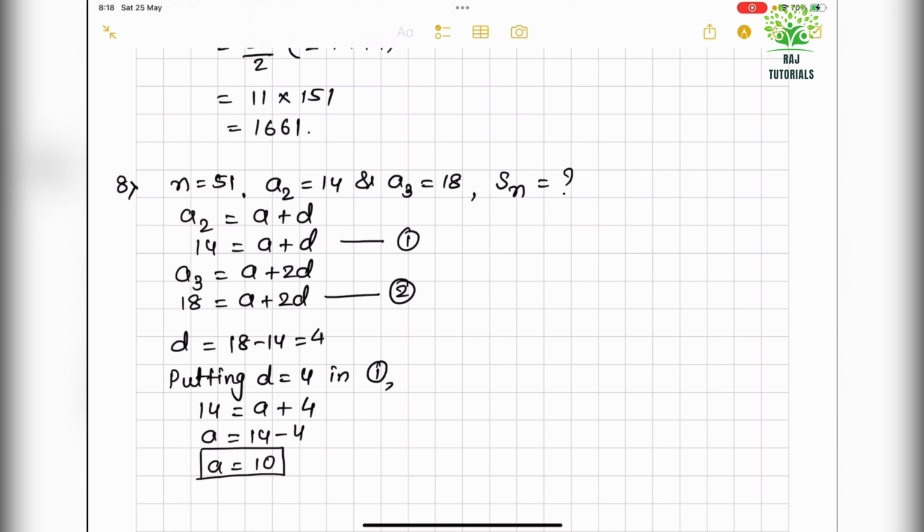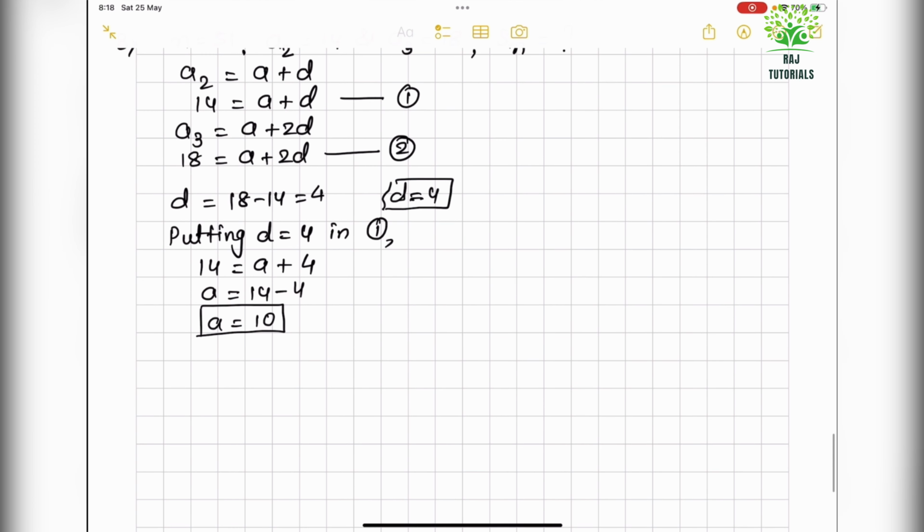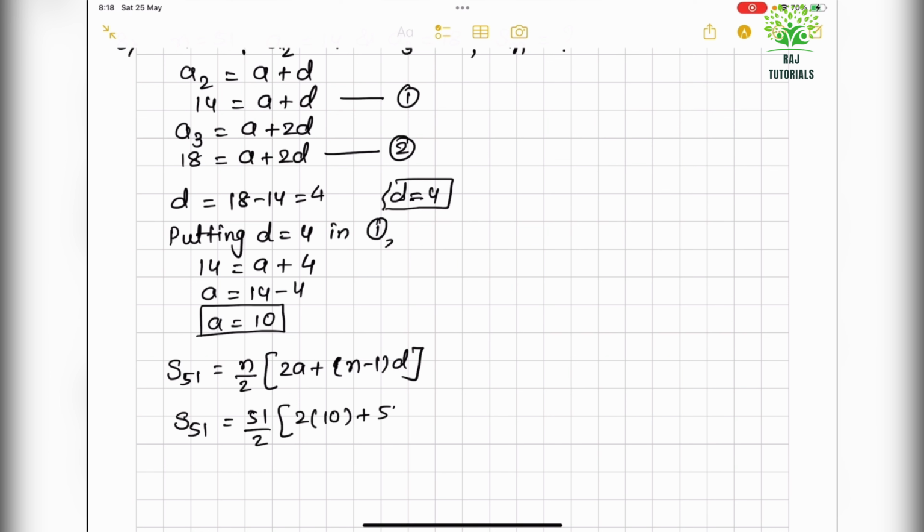Now I know A, I know D equal to 4. I have to find S51. So S51 equal to n by 2 into 2A plus n minus 1 D. So S51 equal to 51 by 2 into 2 into 10 plus 50 into D. D is 4.